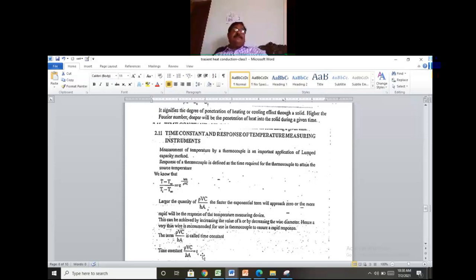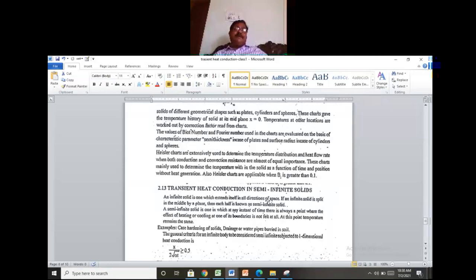You know the temperature distribution we derived: T minus T infinity divided by Ti minus T infinity is equal to e to the power of minus hAt divided by rho Vc. The larger the quantity hA by rho Vc, the faster the exponential term will approach zero, and the more rapid will be the response of the temperature measuring device.